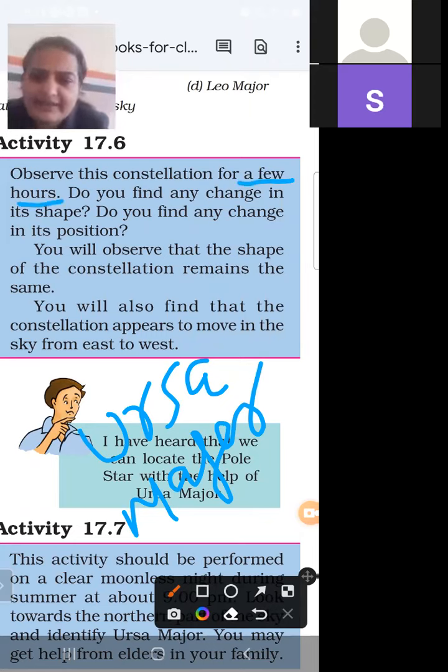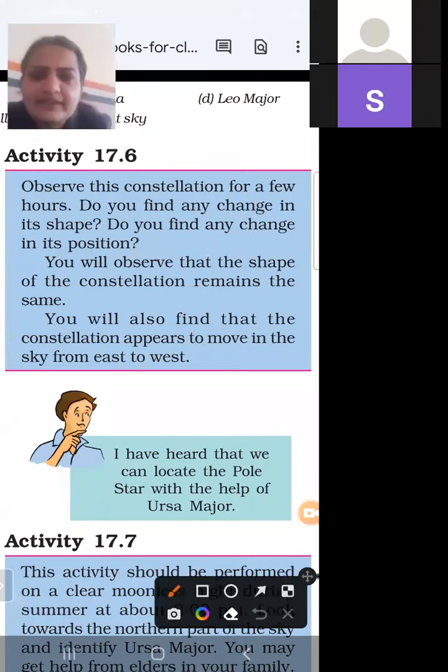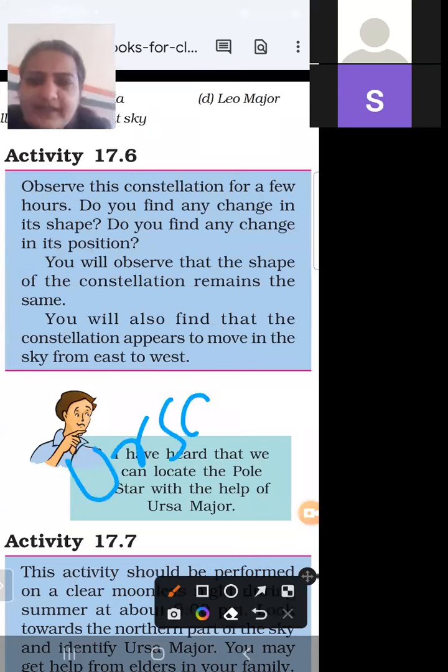Do you find any change in shape? So you observe Ursa Major for a few hours.